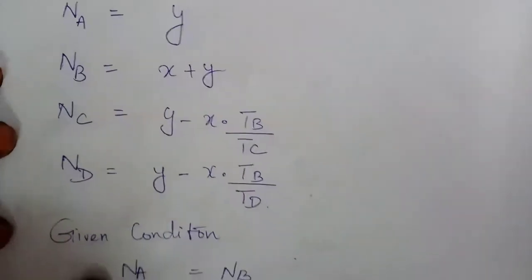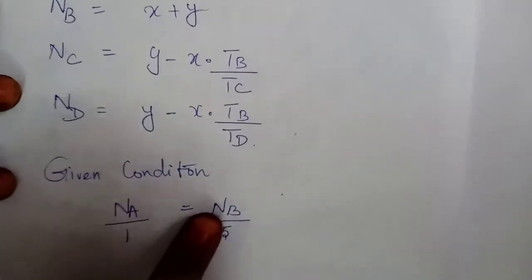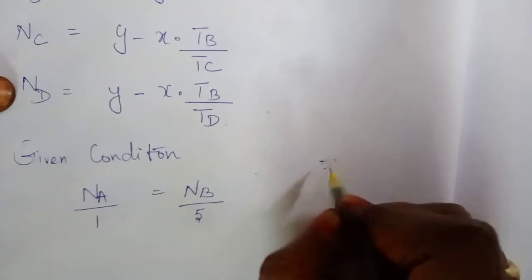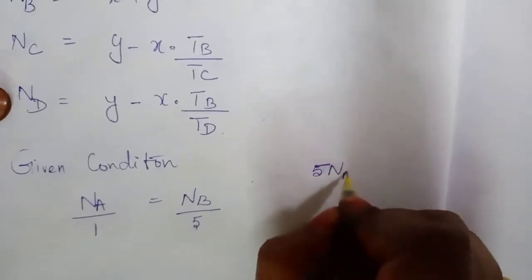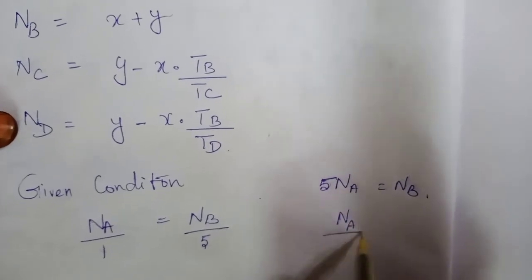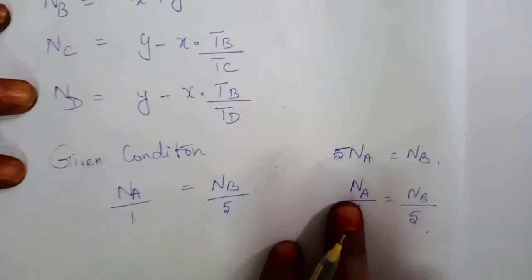And from the question, they have already given the condition: NA by 1 is equal to NB by 5. So already we got 5NA equal to NB. What is NA here?